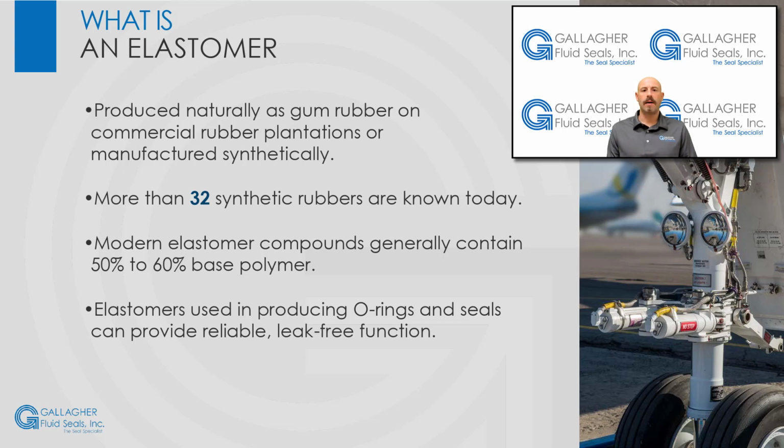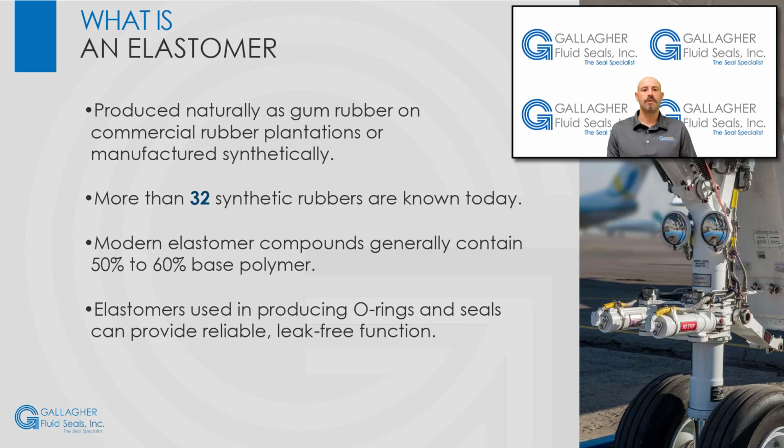Modern elastomer compounds generally contain 50 to 60% base polymer. The balance of the compound consists of various fillers, vulcanizing agents, and other chemical additives which modify and improve the basic physical properties of the base polymer.